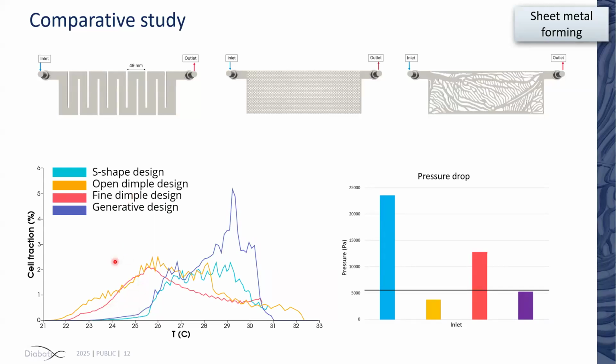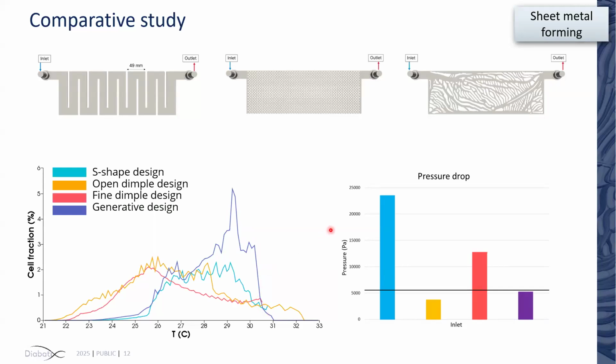So in the case of the dimple design, the spread goes from 21 to 32, but in comparison, in the case of generative design, it hardly goes from, let's say, 24 or 25 to maybe 31. That's how a generative design can really help limit the performance and achieve the best objective possible.